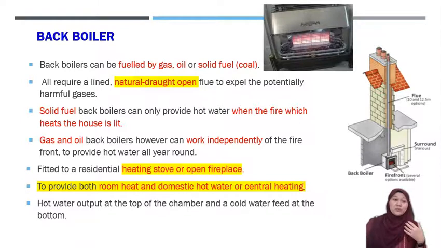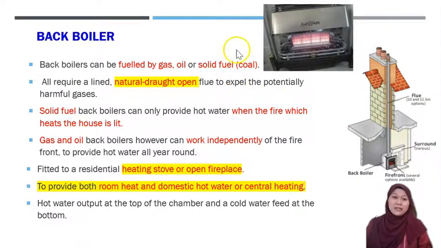Let's look into the back boiler, the old-school type. If you can see from the picture here, they have a chimney. They have an open fire, and they use the fire to heat up the water. The water is pumped throughout the house into the radiators and also to the hot water system.